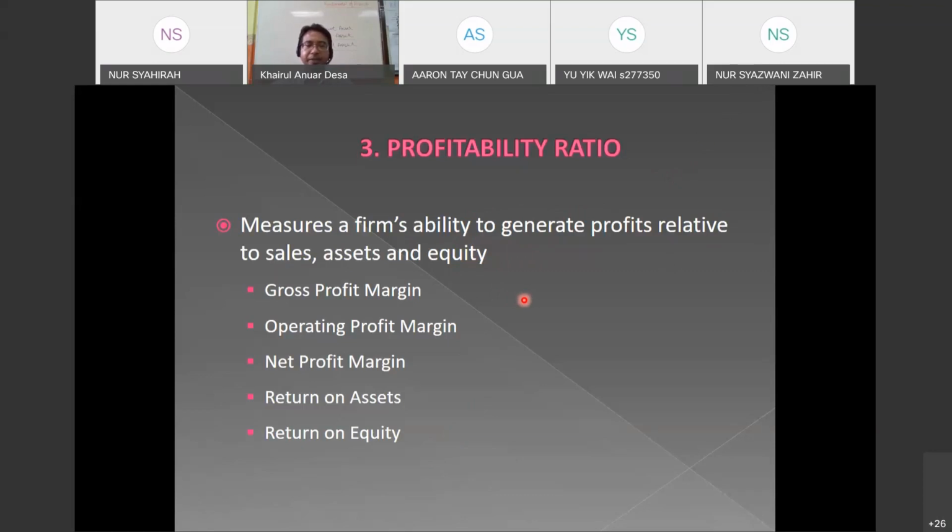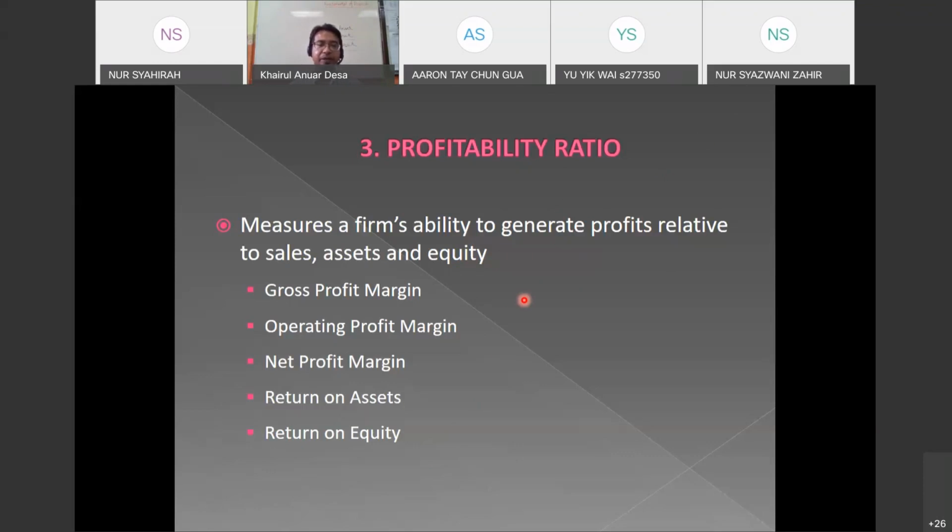Okay, sekarang kita akan menggunakan maklumat-maklumat ataupun data-data daripada penyata pendapatan ataupun kita panggil dia the income statement.